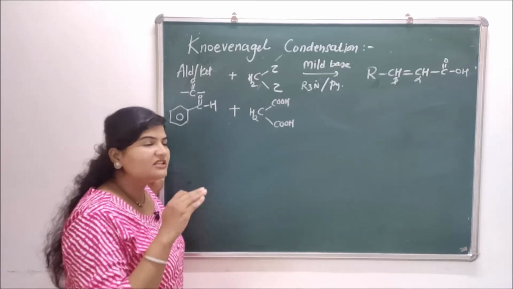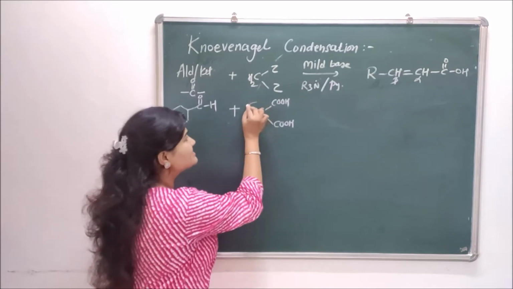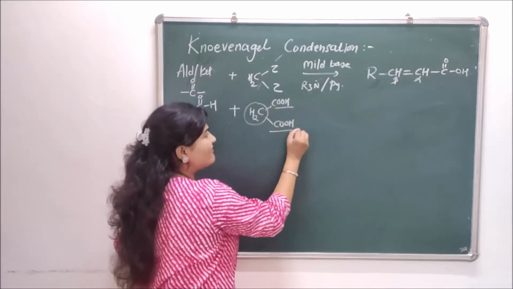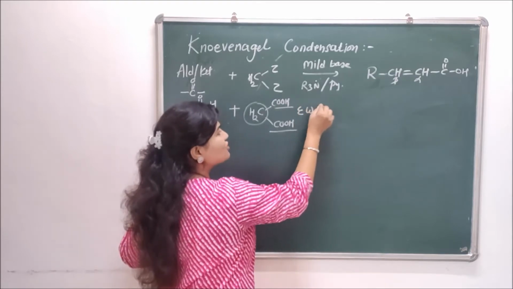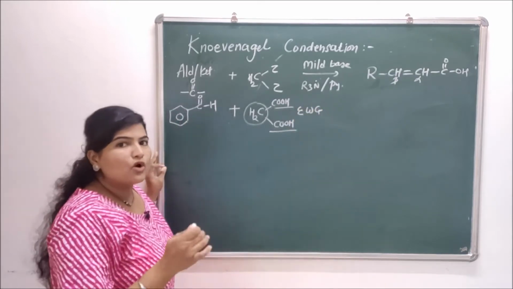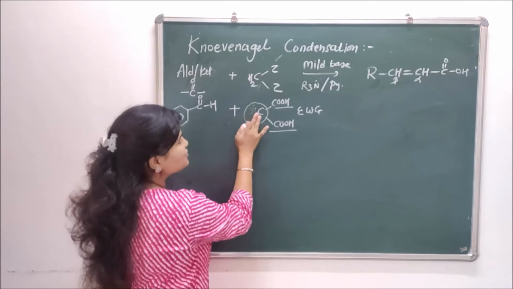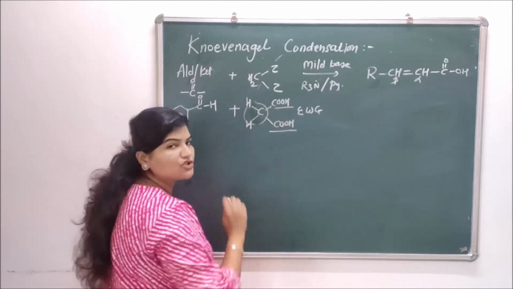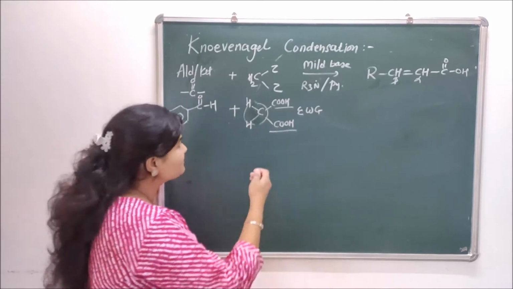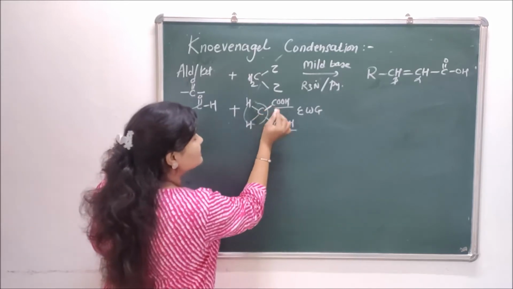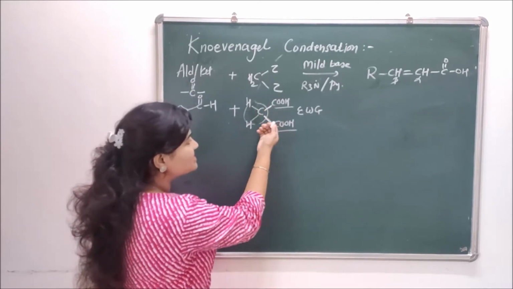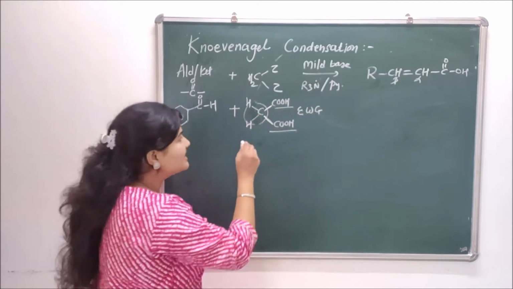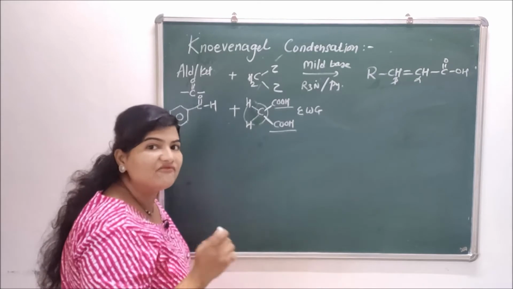An active methylene group means this methylene group is attached to two electron withdrawing groups. Now what do these electron withdrawing groups do? This carbon is attached to two hydrogens and two electron withdrawing groups. These electron withdrawing groups pull the electron density of these bonds towards themselves, in turn making the carbon electron deficient.